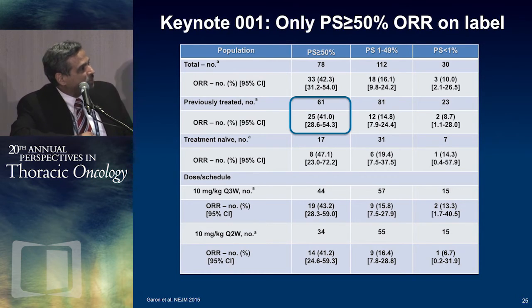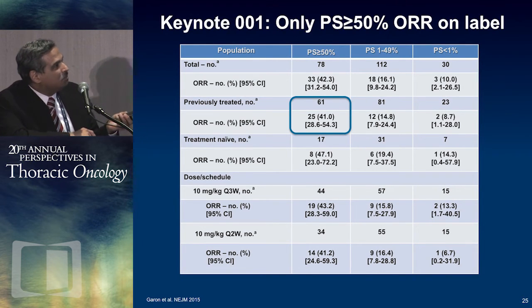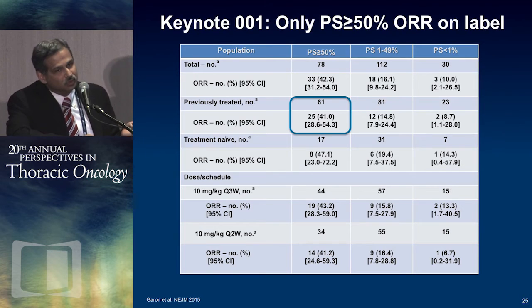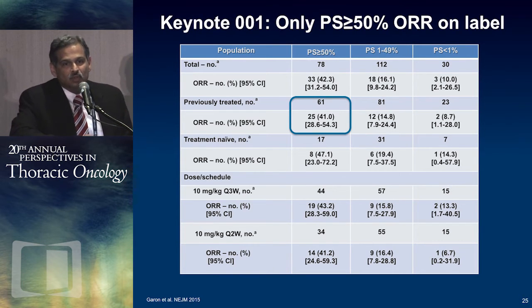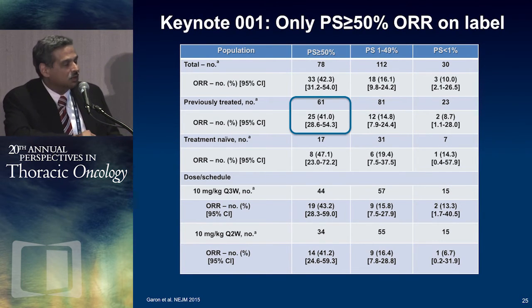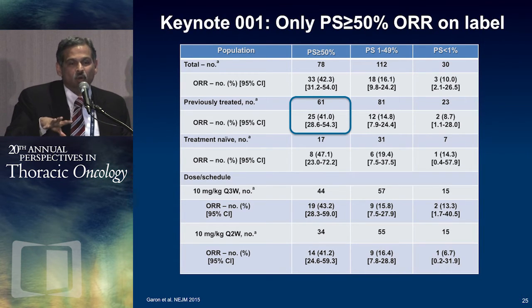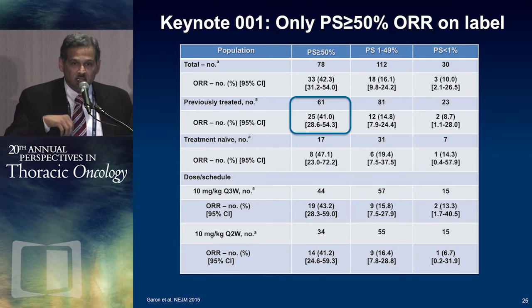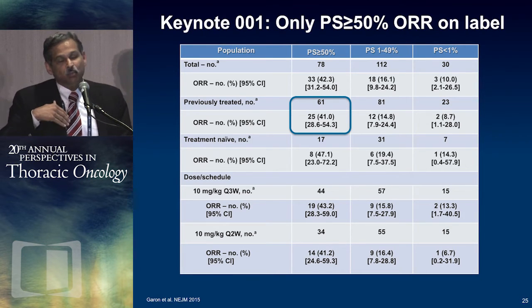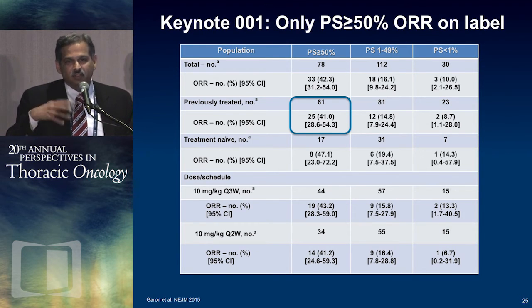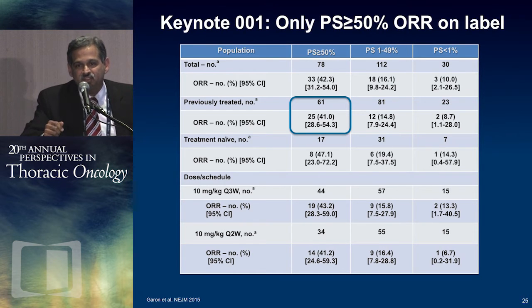Now, what has been highlighted is the basis for the FDA approval. So the FDA approval was based on a response rate of 41% in about 61 patients in the validation cohort. So let me just very briefly mention what this means. There were a total of over 500 patients enrolled on Keynote 001, both untreated and previously treated, though the untreated population was extremely small.